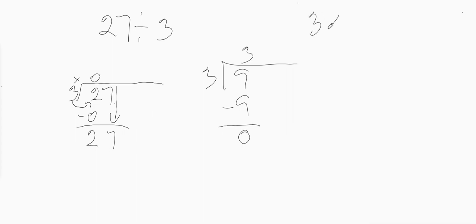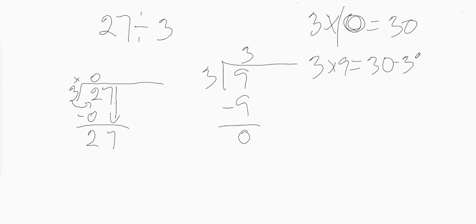You can do 3 times 10 to get 30, right? Which means 3 times 9 is equal to 30 minus 3, which is 27.